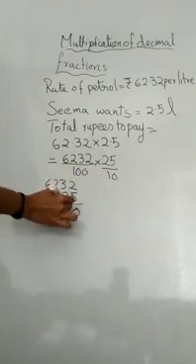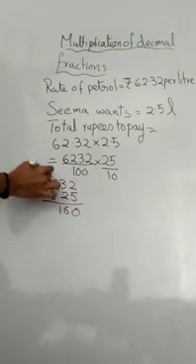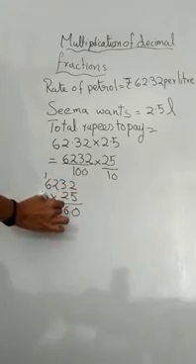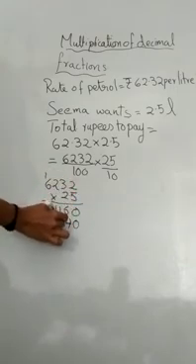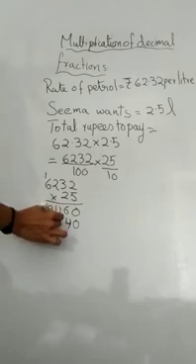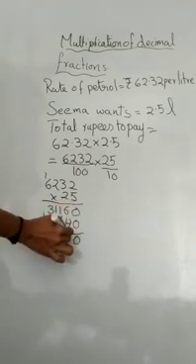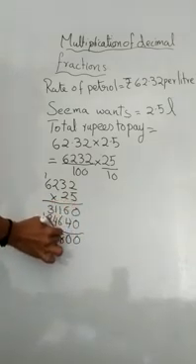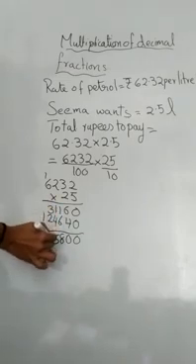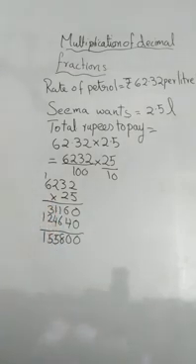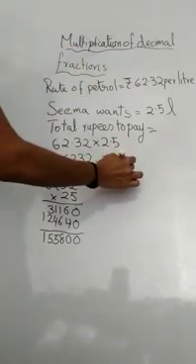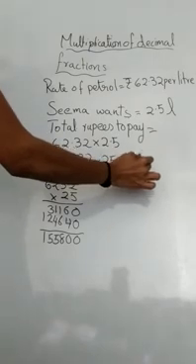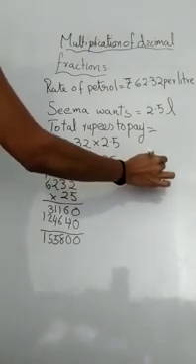5 twos are 10, 1 carry. 5 threes are 15, 16, 1 carry. 5 twos are 10, 11, 1 carry, 31. Then 0, 2 twos are 4, 3 twos are 6, 2 twos are 4, 6 twos are 12. Then add. What you get here as the product is 155800.